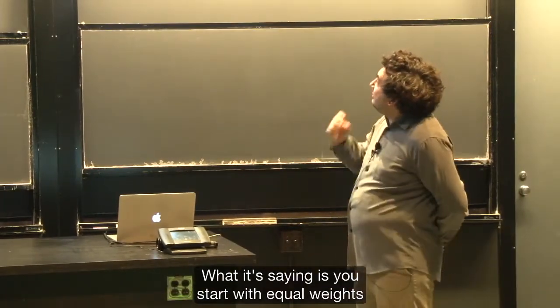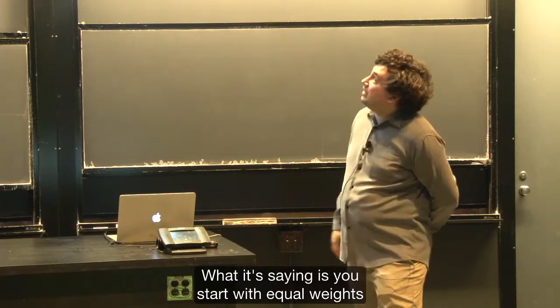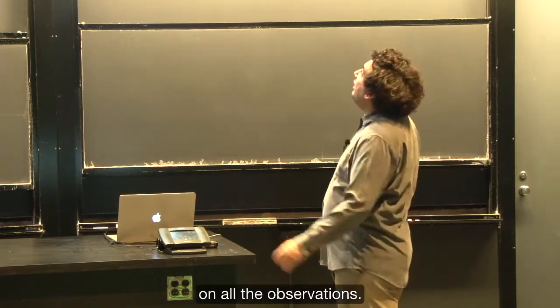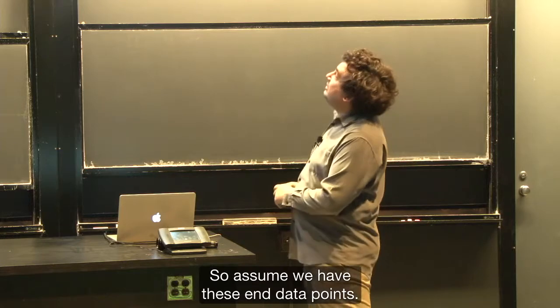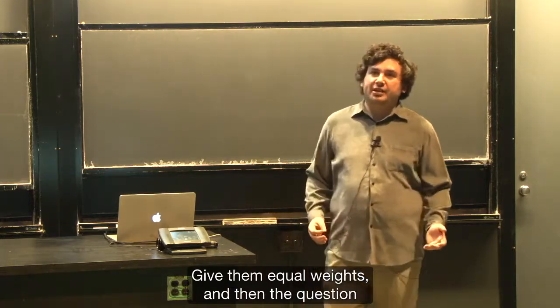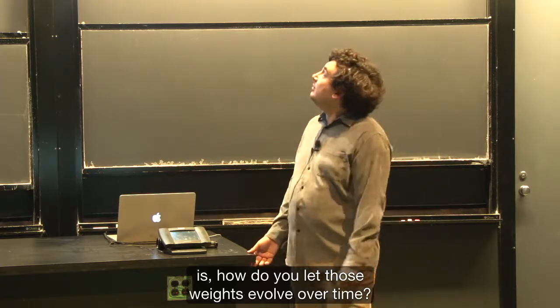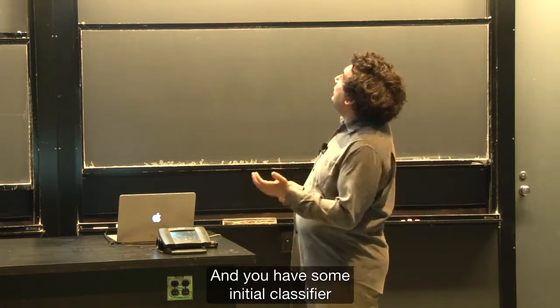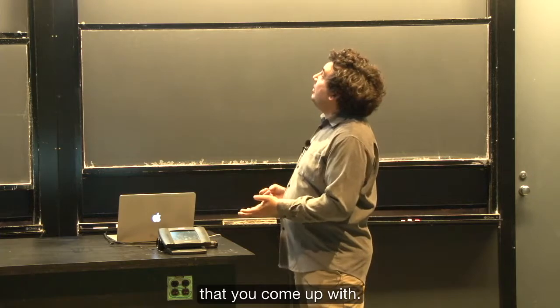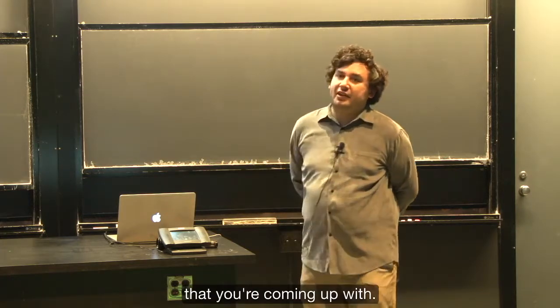What it's saying is you start with equal weights on all the observations. Assume we have these n data points, give them equal weights, and then the question is how do you let those weights evolve over time? You have some initial classifier that you come up with. These capital G's are the classifiers that you're coming up with.